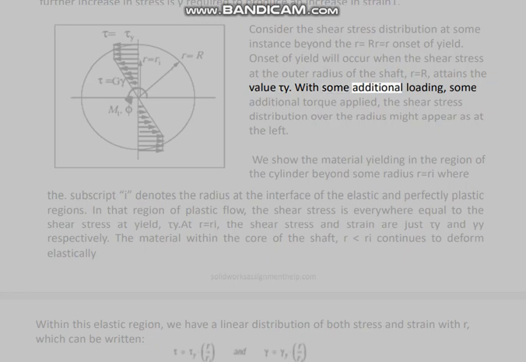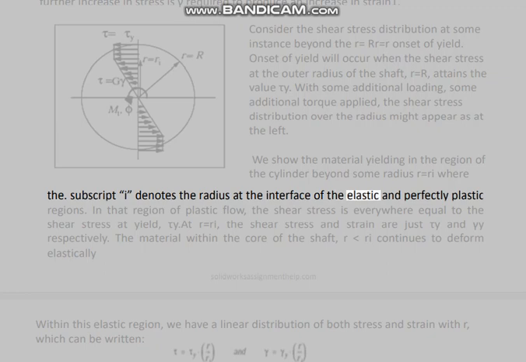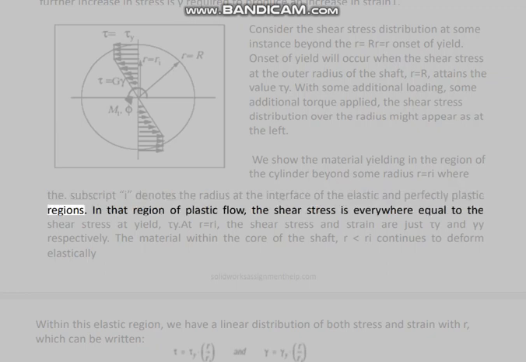With some additional loading, some additional torque applied, the shear stress distribution over the radius might appear as at the left. We show the material yielding in the region of the cylinder beyond some radius, r equal to Rᵢ, where the subscript i denotes the radius at the interface of the elastic and perfectly plastic regions.